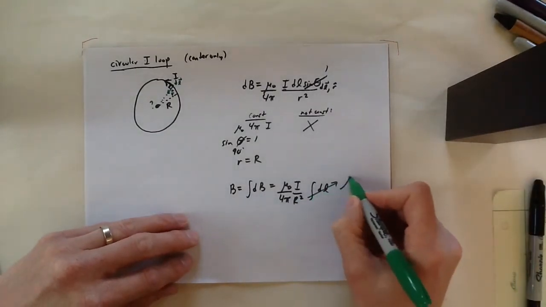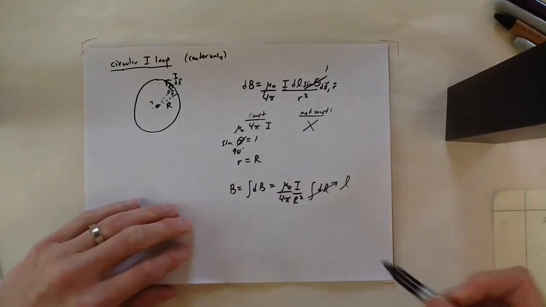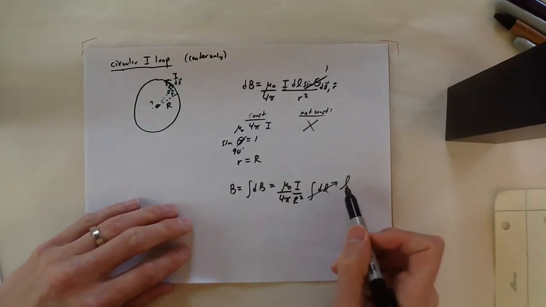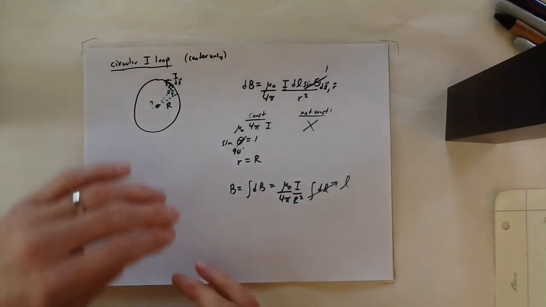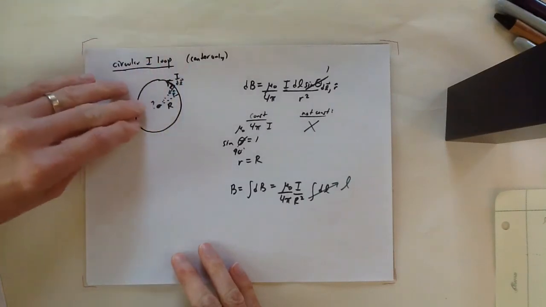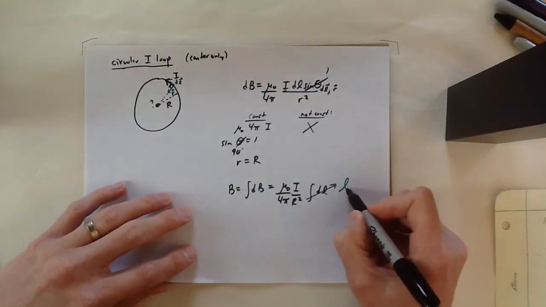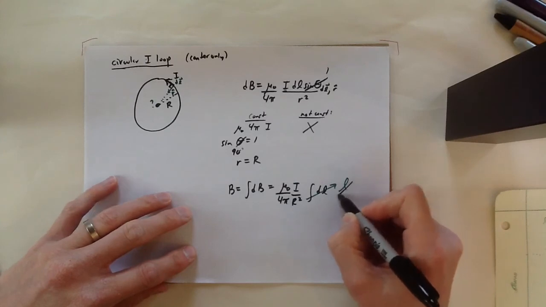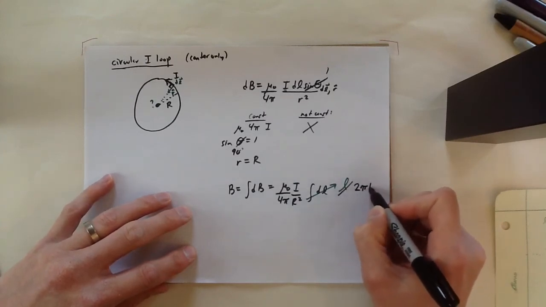That's just L. That works whether you have a subset of a circle or not. So just as a homework hint, there is a problem where you have a partial arc length, you don't have a full circle. It's still all valid. But of course, in my case, I do have a full circle, so the length of a circle, also known as the circumference, is just 2 pi r.